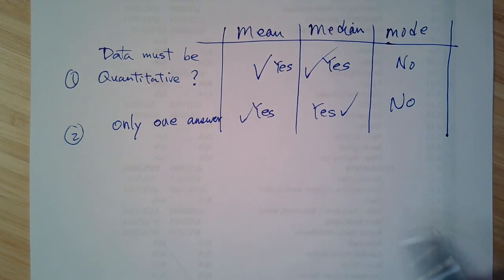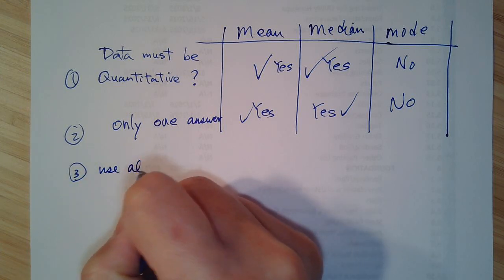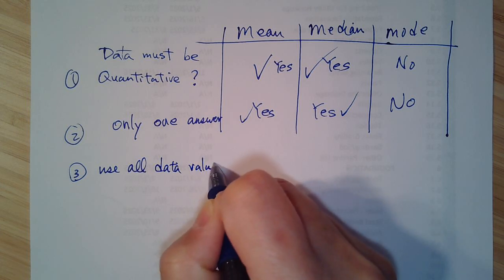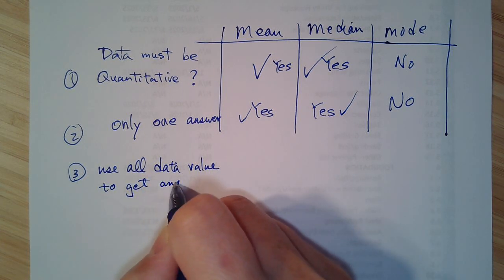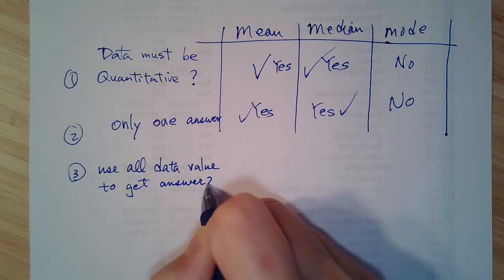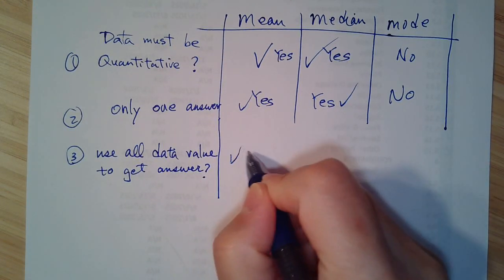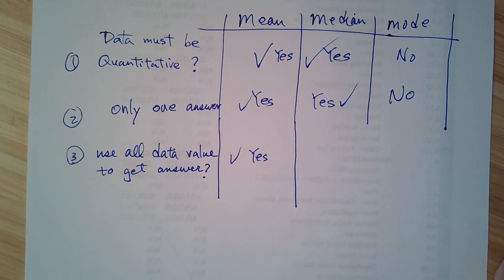All right, so do we use all data values to get the answer? For mean, the answer is yes, because I have to add every single number and then divide it by the number of numbers.